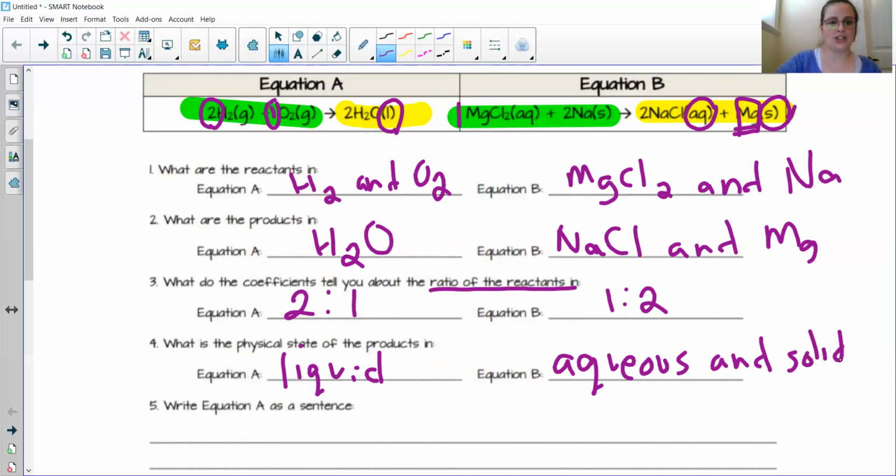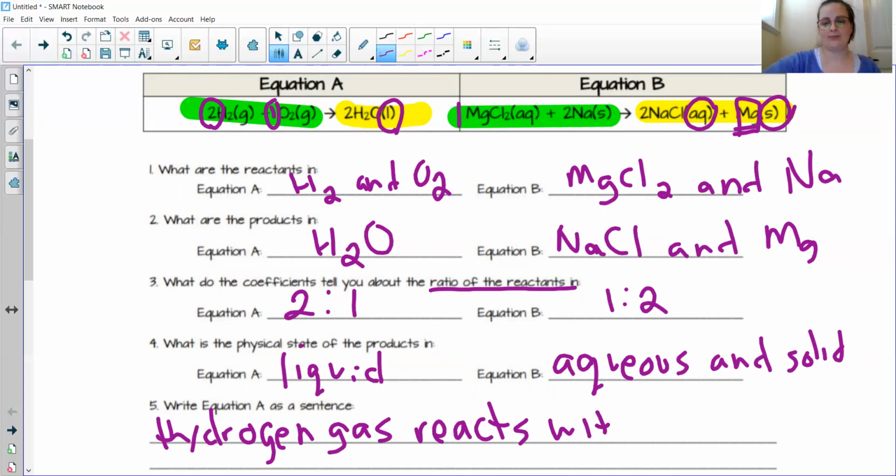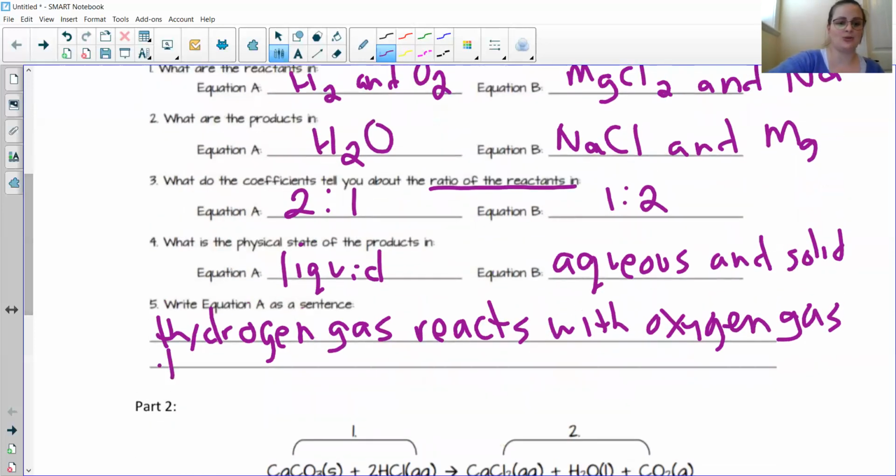It says write equation A as a sentence. So hydrogen, and if you remember that hydrogen forms a gas in its basic state, hydrogen gas reacts with oxygen gas. Then there's an arrow, so that means to produce.